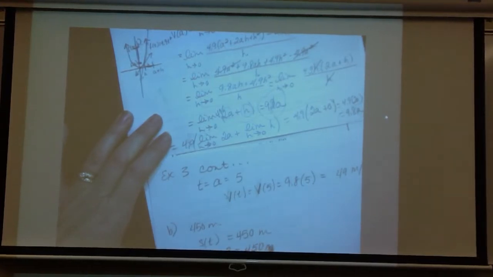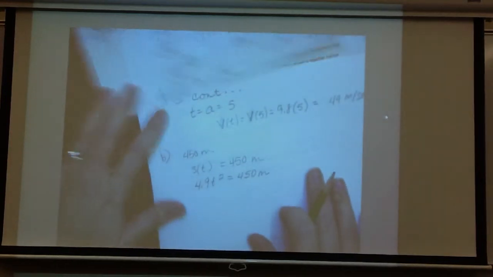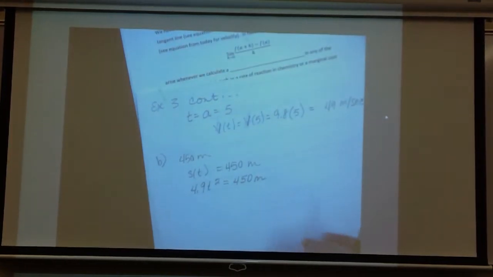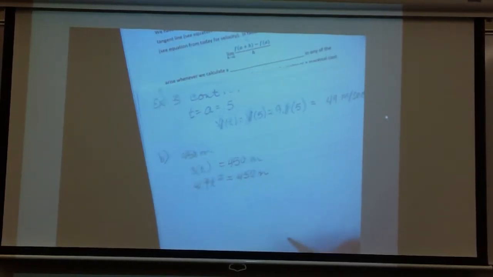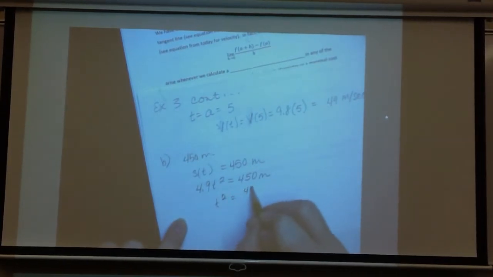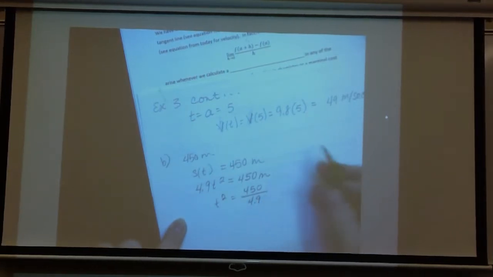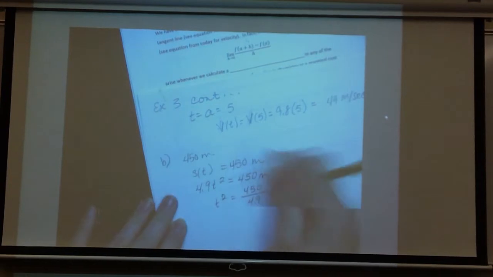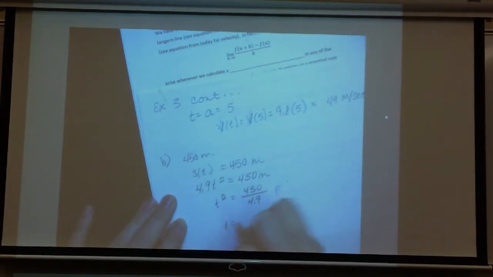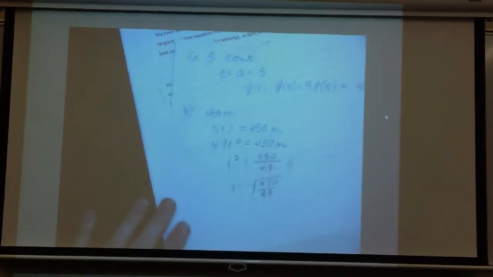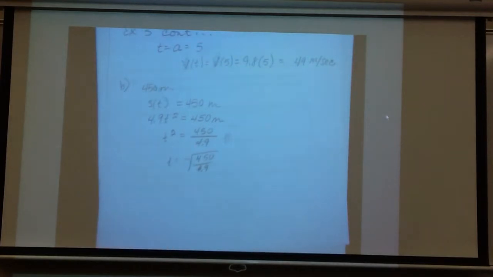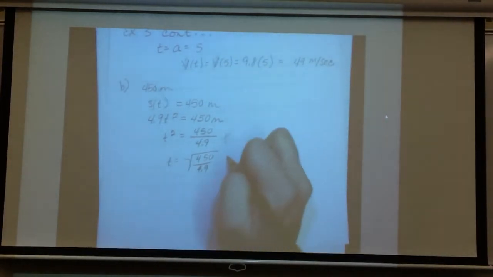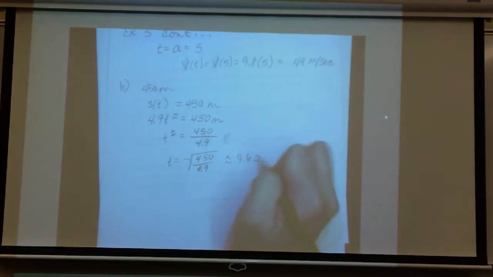Can you speed up a little? Okay, so now we just solve this for t squared. Good news, I don't have to do plus and minus because we're dealing with time. We're not going to do negative time. Okay, so it's about 9.6 seconds.